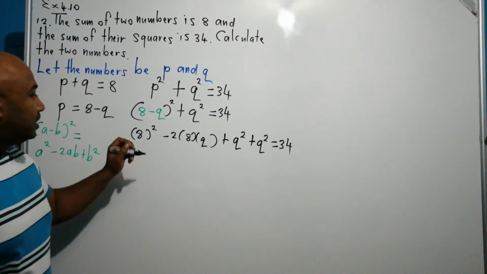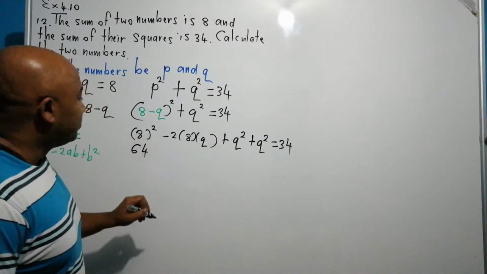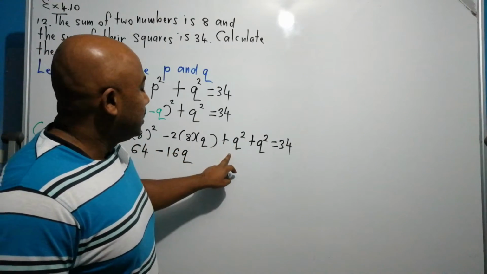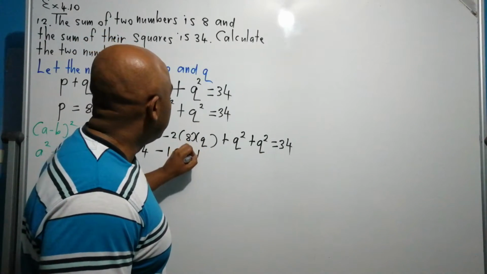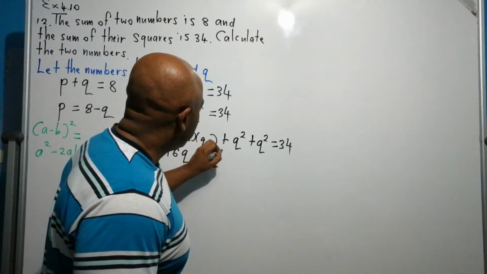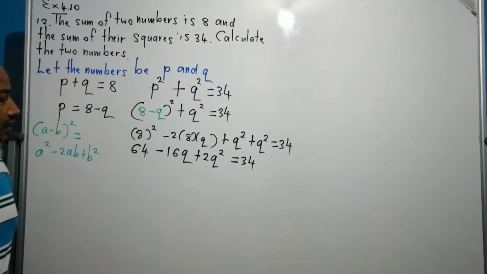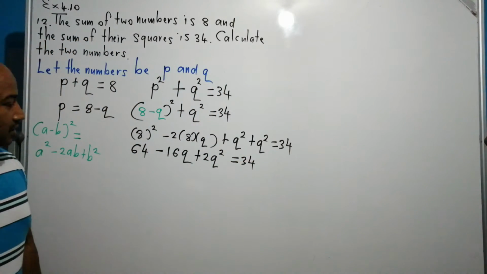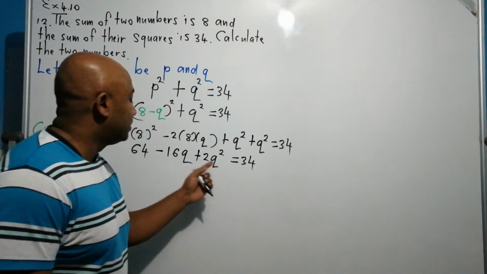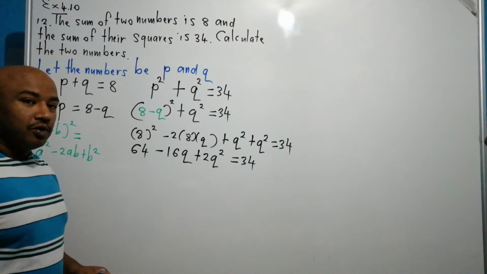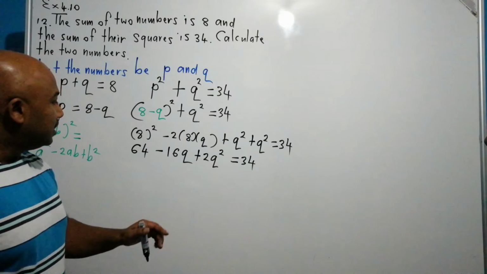Alright, so here I got 8 squared, which is 64 minus 16q, and q squared plus q squared will equal 2q squared is equal to 34. Now I have a quadratic, because you can see this is a quadratic. The highest power here is a 2, so we always make our equation equal to 0.